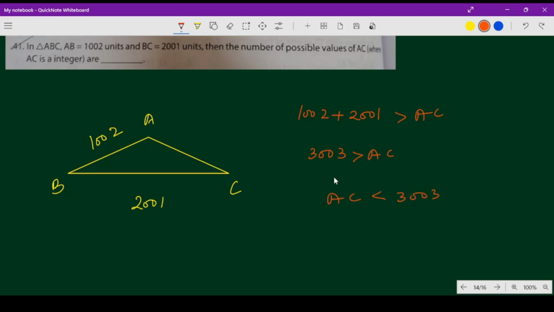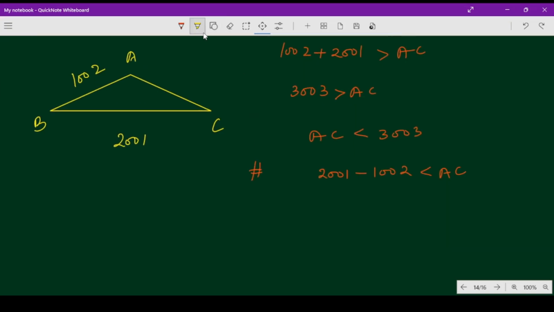And also, the difference of two sides is always less than the third side, so 2001 minus 1002 is less than the third side AC. Means the value of AC is bigger than the difference of these two.